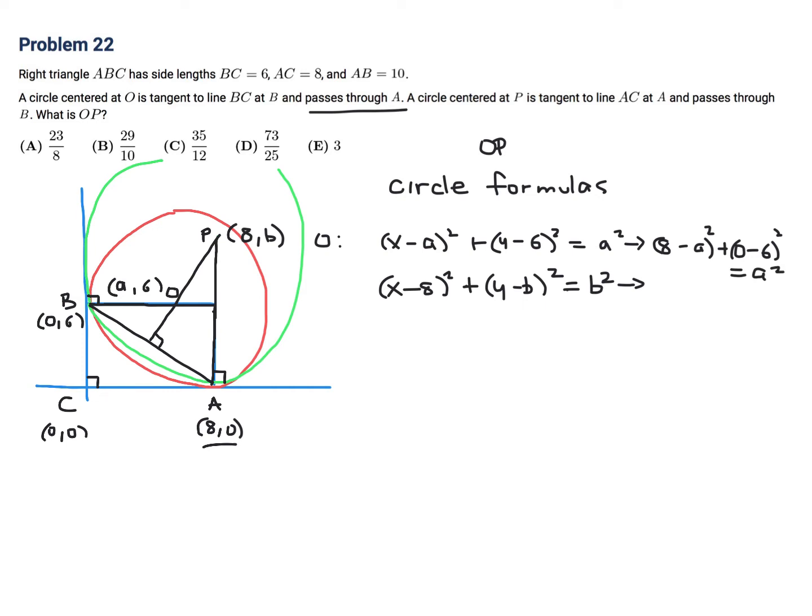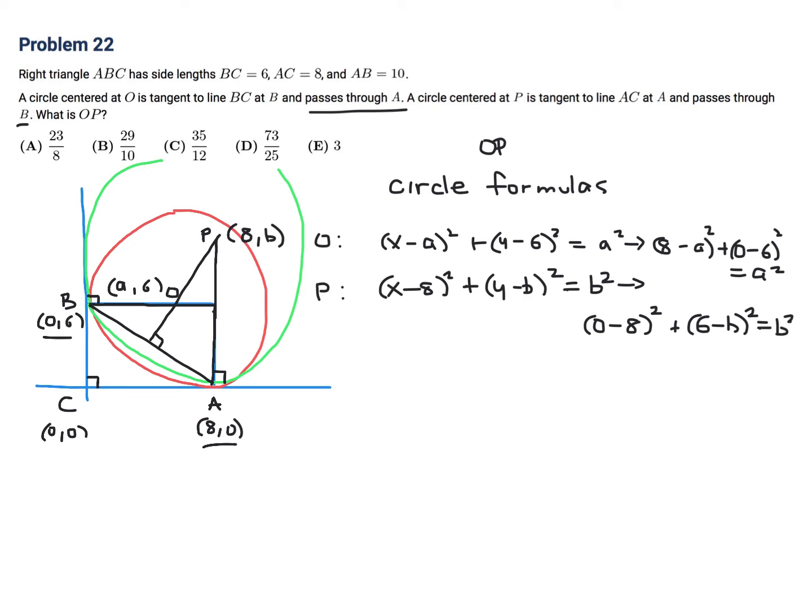And the circle centered at P passes through B, so we can put that point 0, 6 into that. So we have, therefore, (0 minus 8) all squared plus (6 minus b) all squared is equal to b squared.